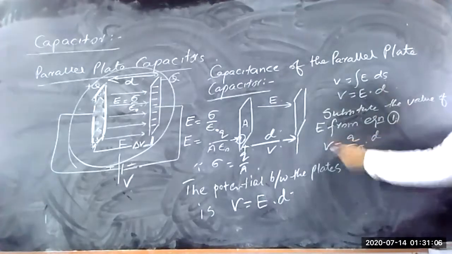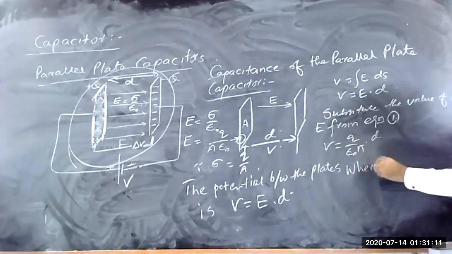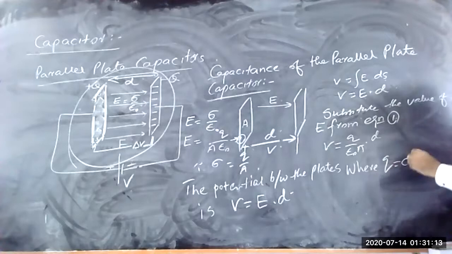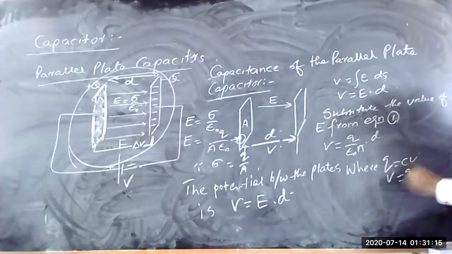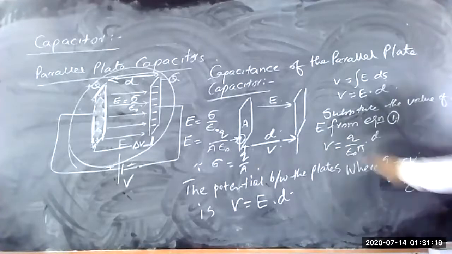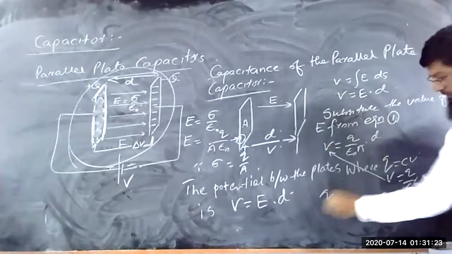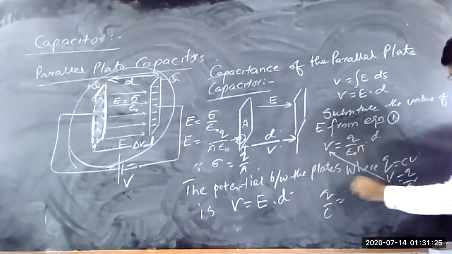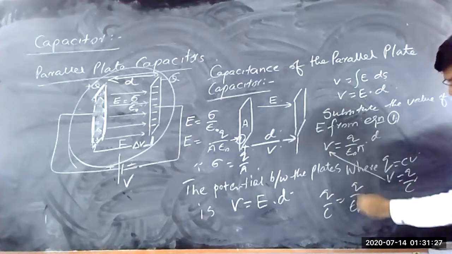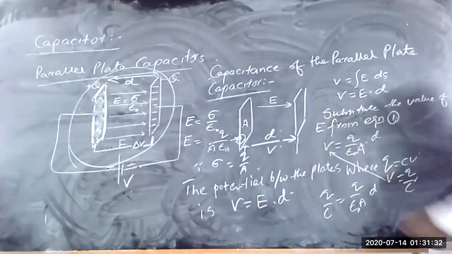According to what we know, Q is equal to CV, so V is equal to Q upon C. So this V is put here. Therefore Q upon C is equal to Q upon epsilon naught A into D. So Q cancels.